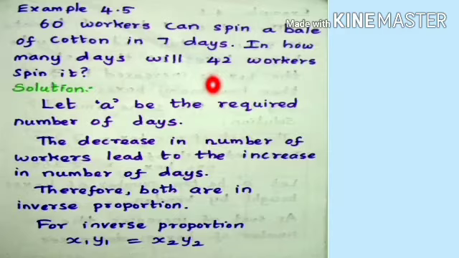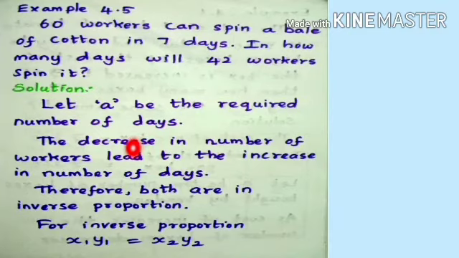So this problem falls under inverse proportion. As the number of workers decreases from 60 to 42, it leads to an increase in the number of days. Isn't it? Yes. Write down, let A be the number of days. So let A be the required number of days.